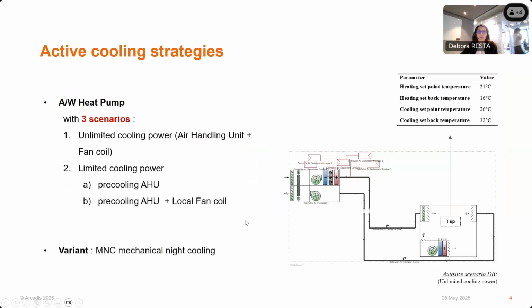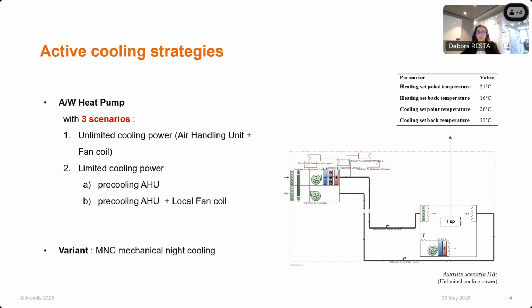So, focusing on the HVAC system, heating and cooling are provided by a reversible heat pump. We examine three cooling scenarios. The first scenario involves unlimited cooling capacity to ensure comfort and maintain a set point temperature of 26 degrees. Two alternative scenarios with limited cooling power were also explored.